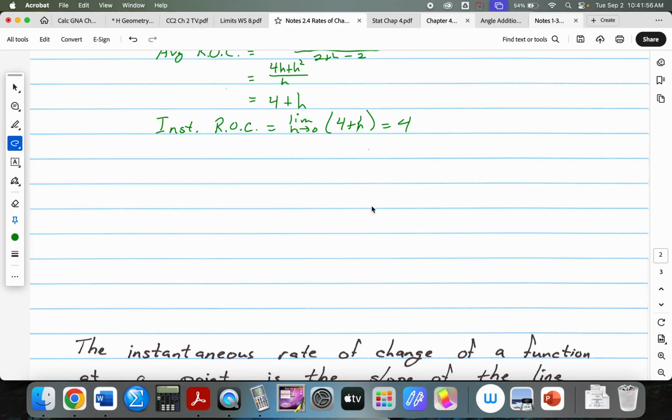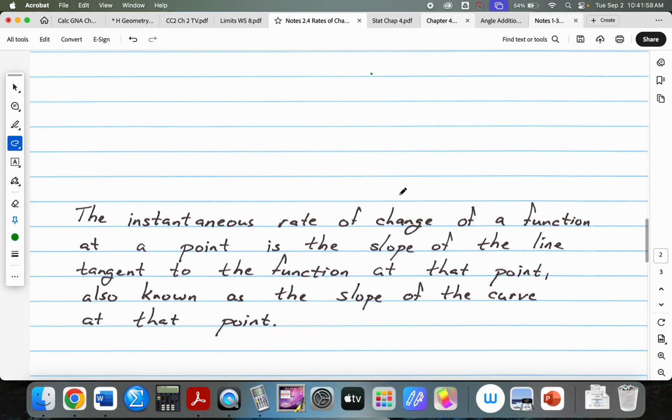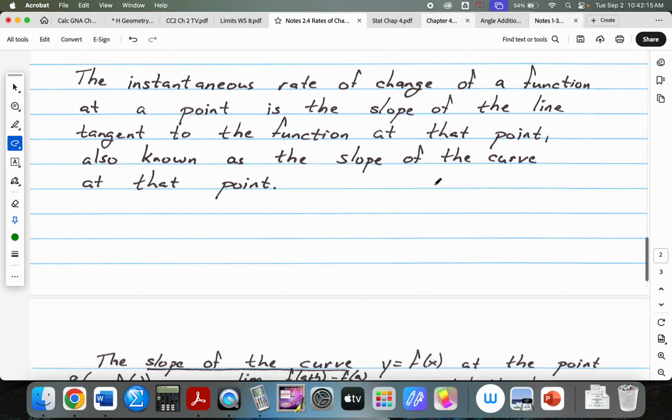Okay? So, the instantaneous rate of change of a function at a point is the slope of the line tangent to the function at that point. It's also known as the slope of the curve at that point. Because if the curve is nice and smooth, if you zoom in on it enough, it looks like a line. All right.